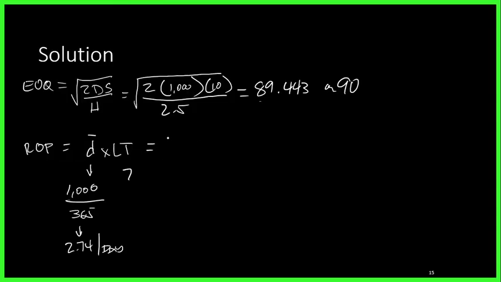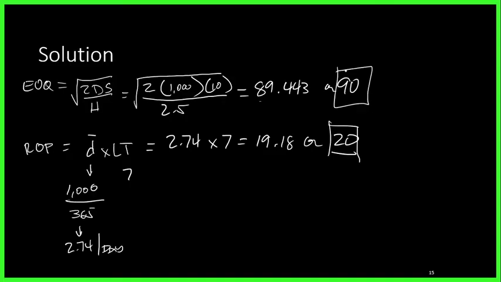So you have 2.74, we multiply this by 7 and you will get something like 19.18, or you round it up to 20 units. Hindi naman to financial accounting na kailangan exact, ano.